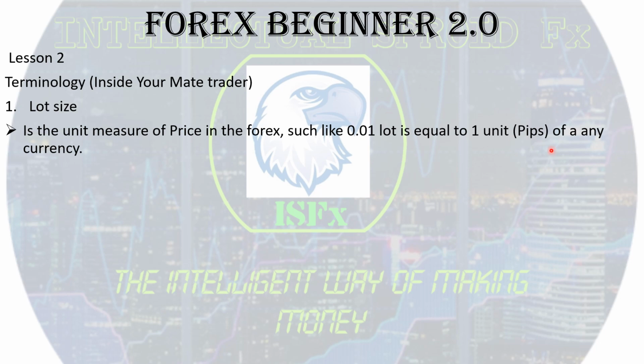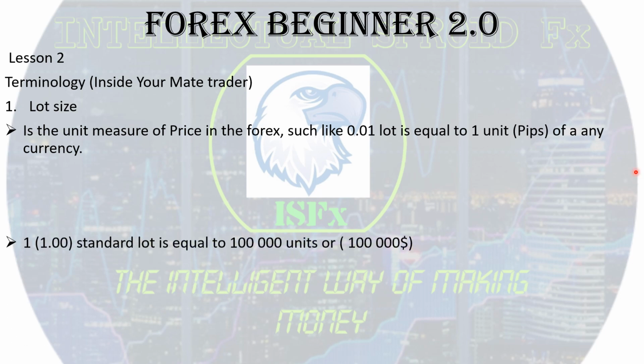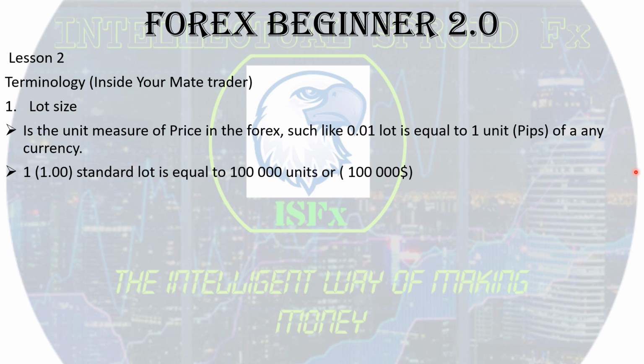And then we use lot sizes, of course, to measure the unit of price, the amount of price that you are getting in with. So your lot size 1, or the standard lot 1, is equal to 100,000 units.